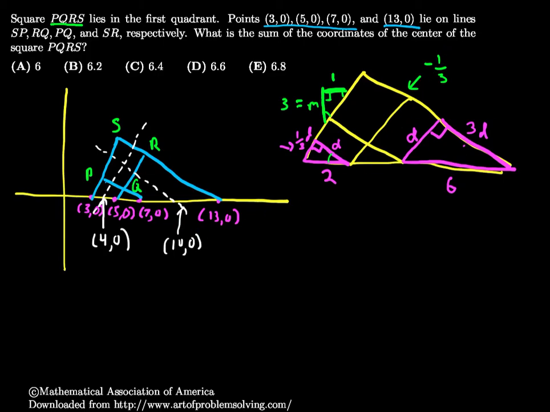That means that my equation of the line through (4, 0) is going to be y equals 3(x minus 4) plus 0. That's point-slope form.